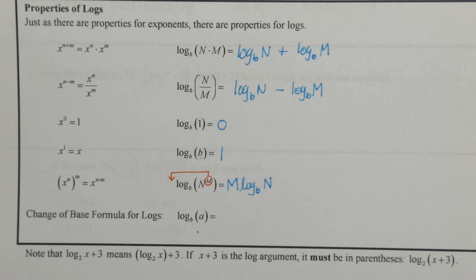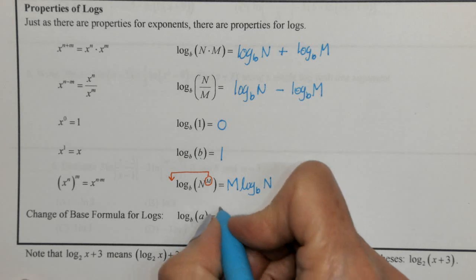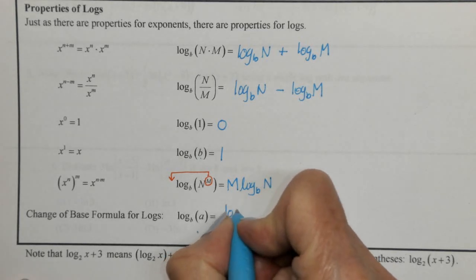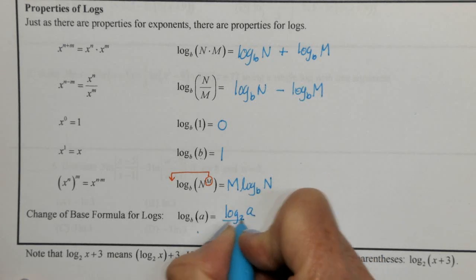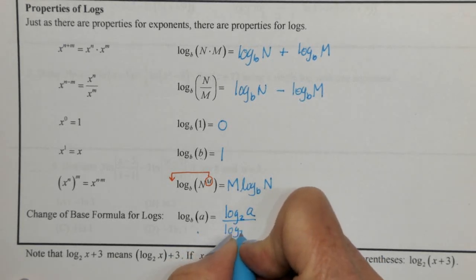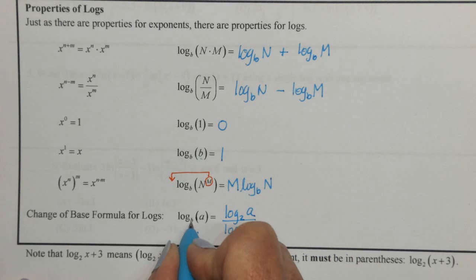Lastly, we have what we call the change of base formula. The change of base allows us to change the base on the log to any other base we want. Okay? Any other base we want. Log base 2 of the argument divided by log base 2 of the old base.